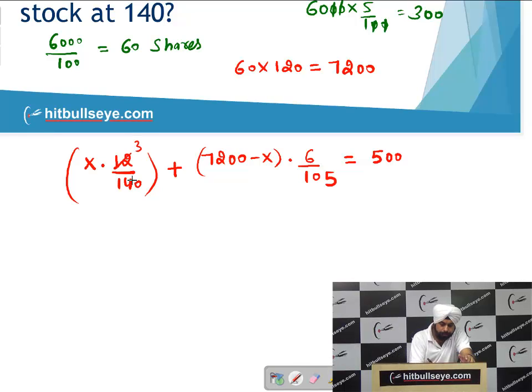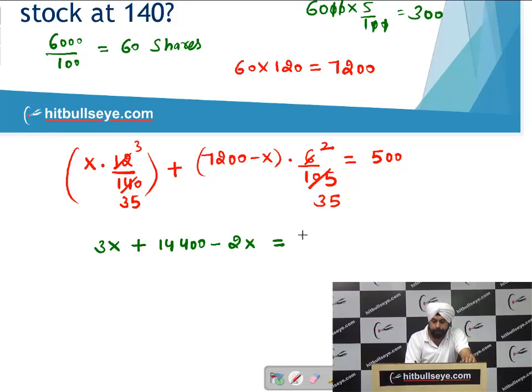Now this is 4 3s the, this is 35, this is 3 2s the, this is 35. Now students, seeing 35 common at the denominator, I'll take it on the other side. So it is 3x plus 14,400 minus 2x is equal to 35 into 500, which is equal to 17,500.